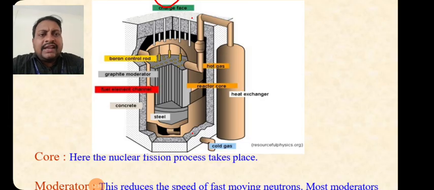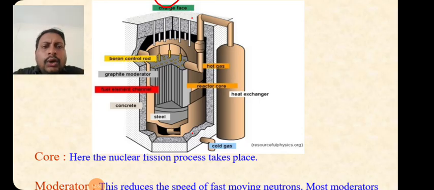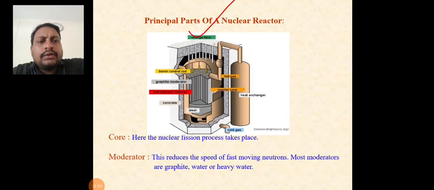So in this reactor we have fuel rods, moderator and control rods. These are the important components of the nuclear reactor. In this nuclear core, the nuclear reaction takes place and a large amount of heat will be developed. So here in the core the nuclear fission process is taking place.